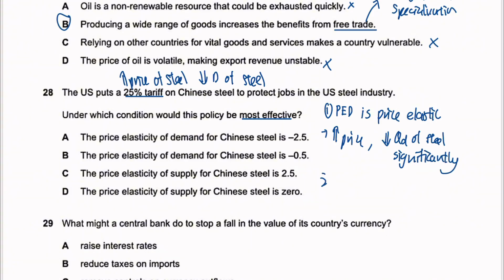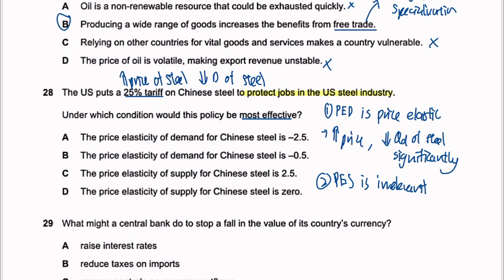Okay, next, PES. PES is actually irrelevant in this question, because how the Chinese producers react to the price change due to the tariff is not our main focus. Our main focus is to protect jobs in the US industry, right?